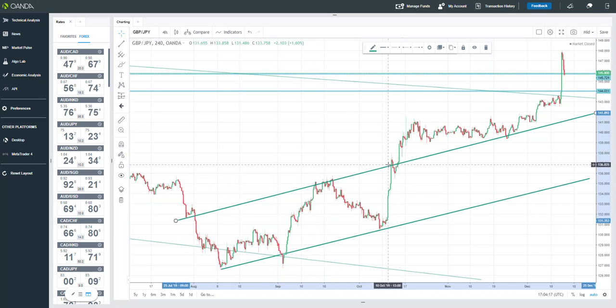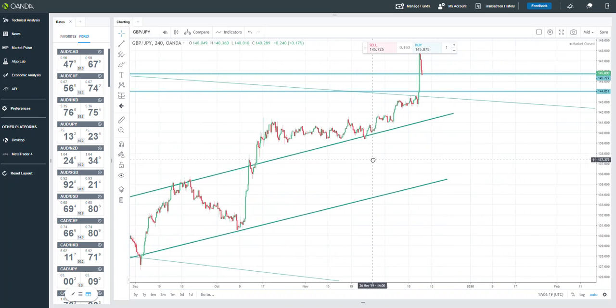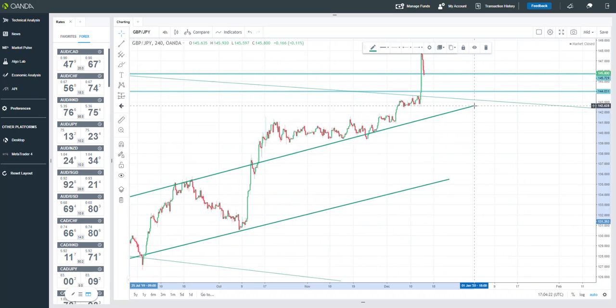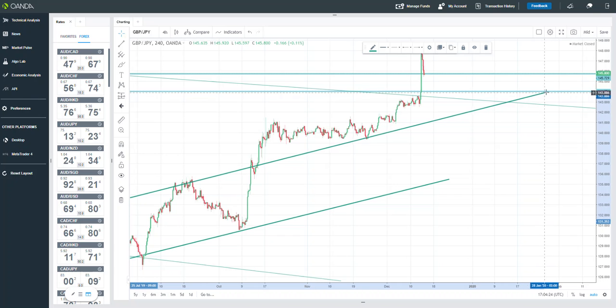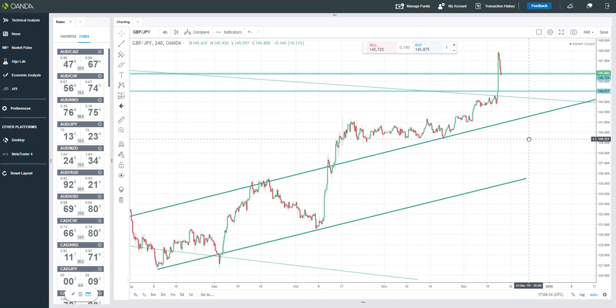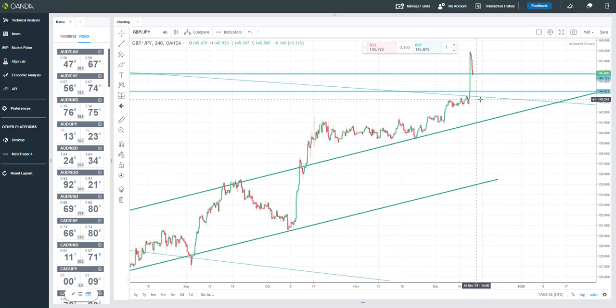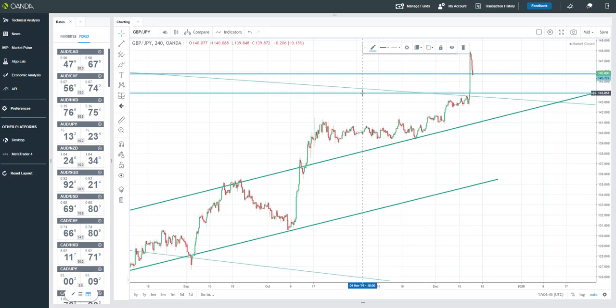We see this line here has been touched a lot of times, but it's not exact; it's almost like scribbling here. Price will test it and then come back down. See here it bounced around, shot back above, touched it again. So price could actually come back down all the way to this 144 area before continuing up, though the case looks pretty strong for continuing up.